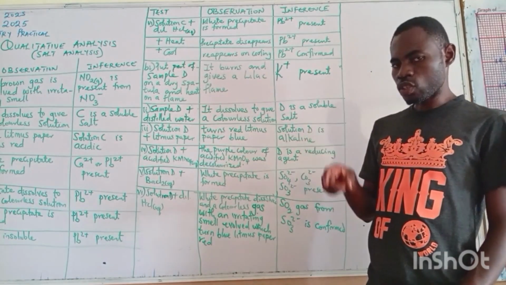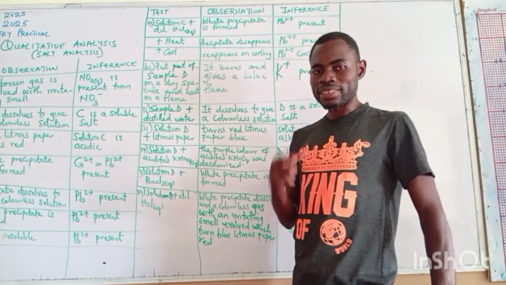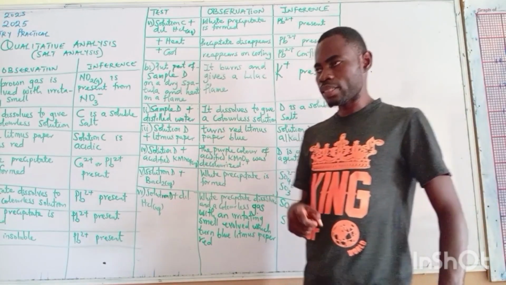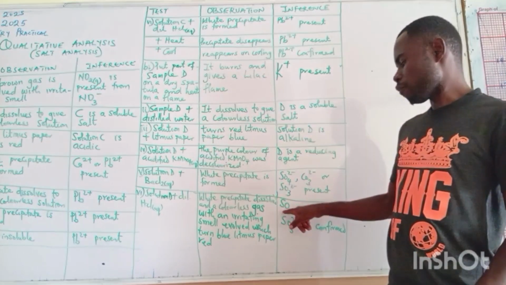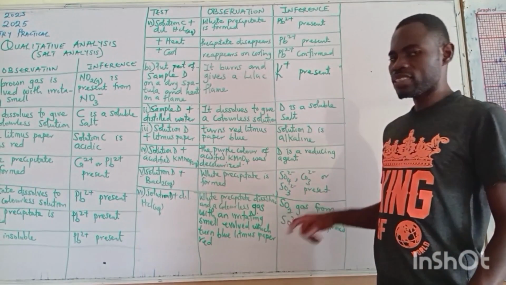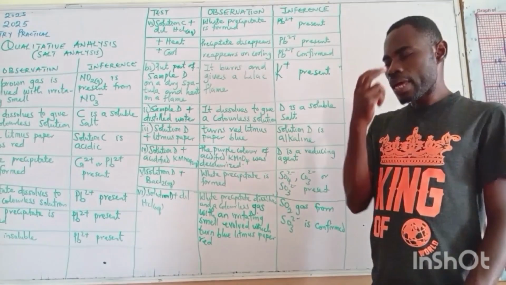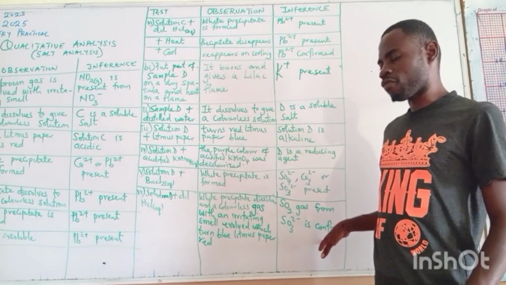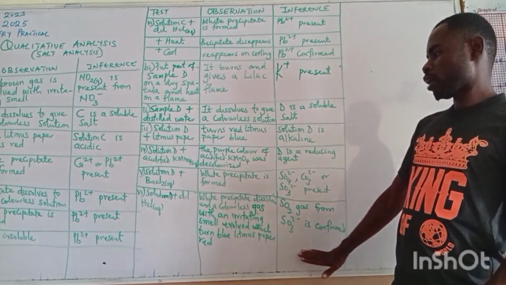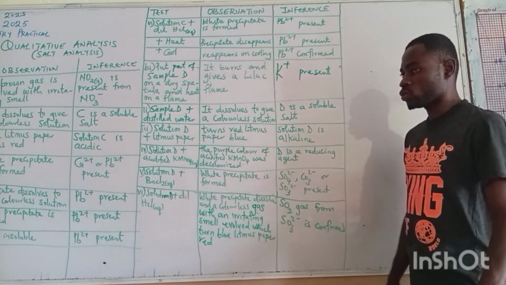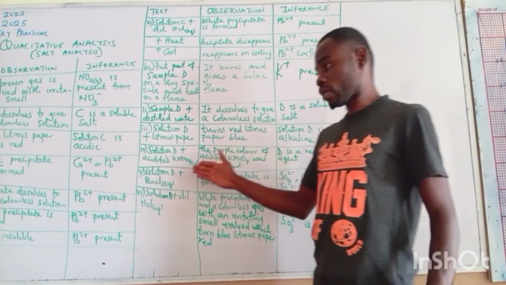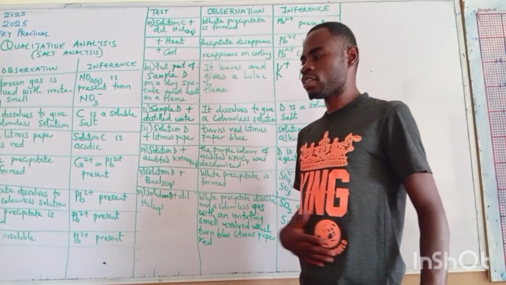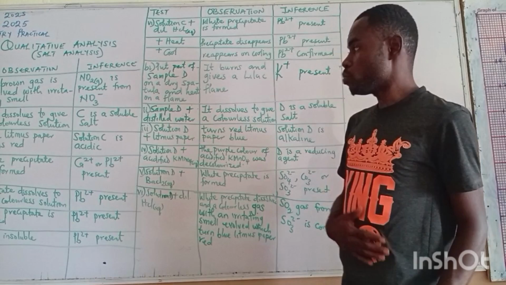For it to have acidic properties, it will be an acidic gas, an acidic anhydride. So from there we confirm that this is SO2 with that smell. SO2 gas from SO3 2- is confirmed. That's how we got all the responses I'm presenting right now, which were carried out by myself and my team in our preparation room.